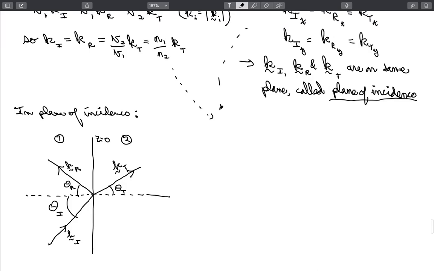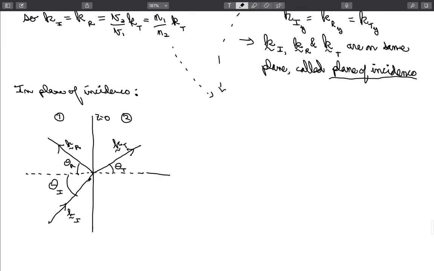So all these conditions, what do they tell us? If I project the wave vectors with these angles, they have to be equal.